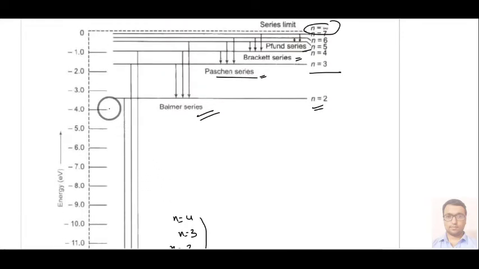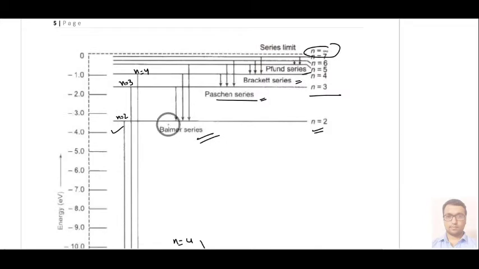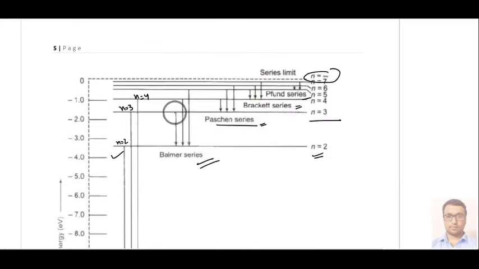These three lines denote that your electron is moving from n equal to 2, then n equal to 3 over here, then n equal to 4, but each line is meeting at the Lyman series or n equal to 1. Similarly in the Balmer series, your electron should jump from n equal to 3 to 2, or n equal to 4 to 2, or you can say n equal to 5 to 2.